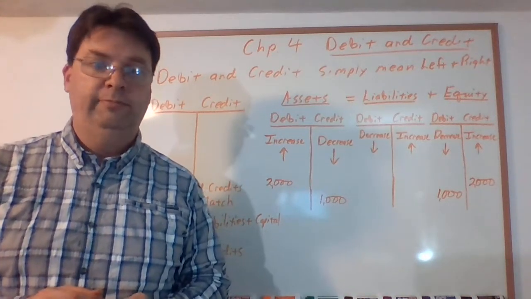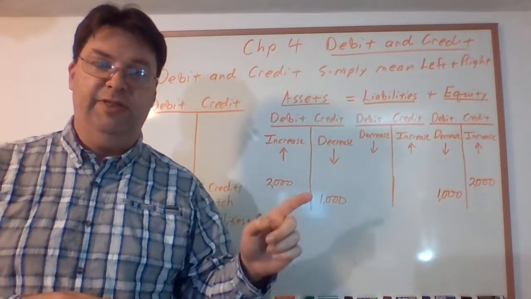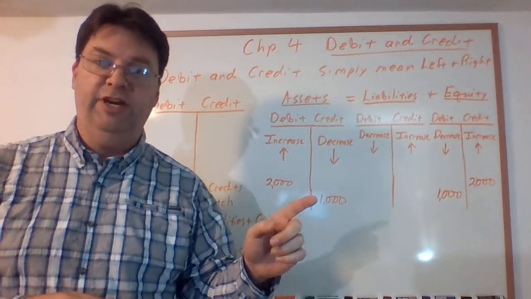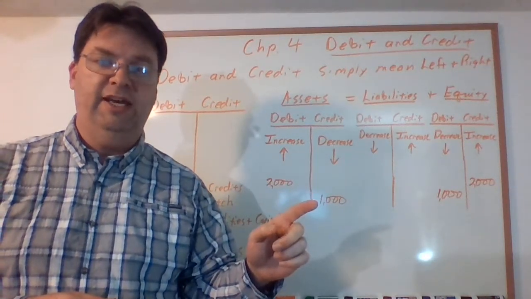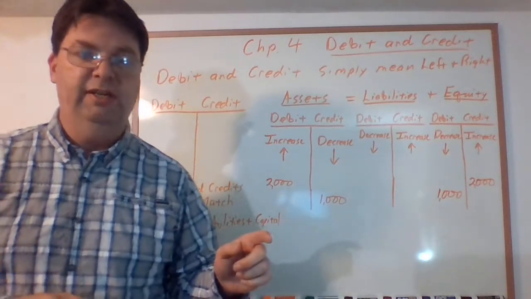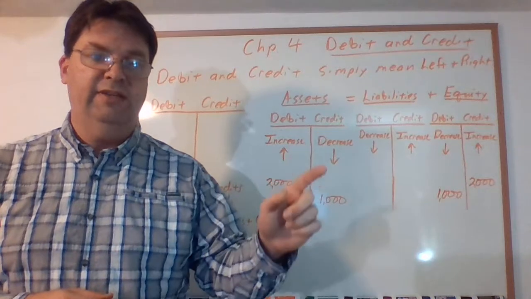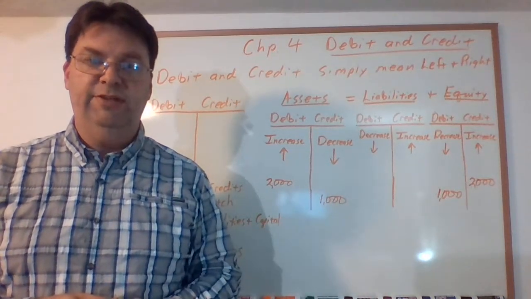All right? Because if you want to show a decrease, a negative, $1,000 coming out of our checking account, you put it in the credit side, and it is a decrease of $1,000. And so everyone knows that this, on this right-hand side for an asset, is going to be a decrease.